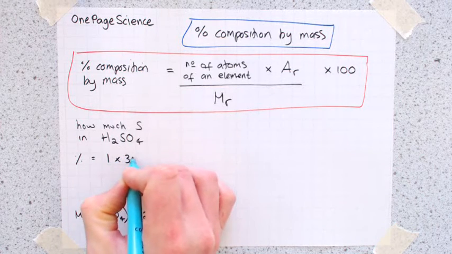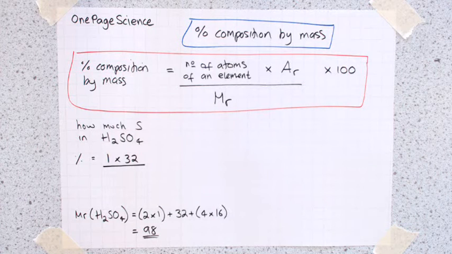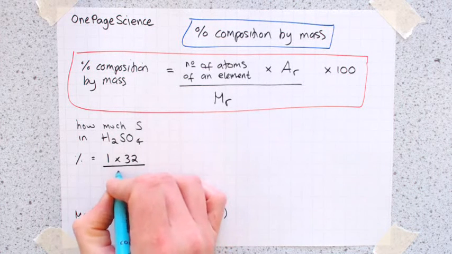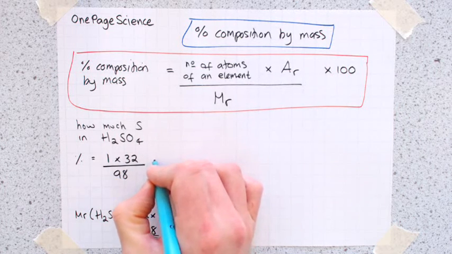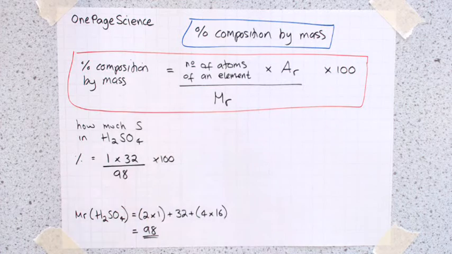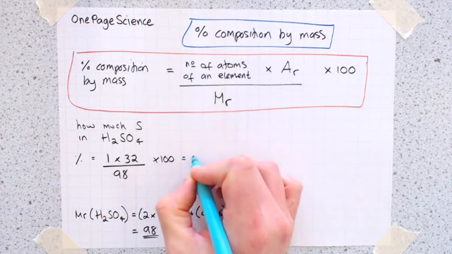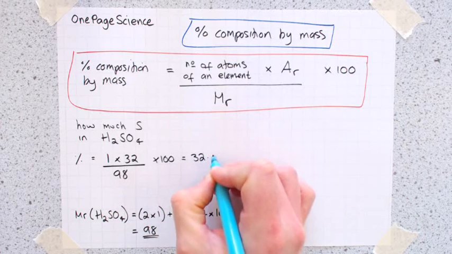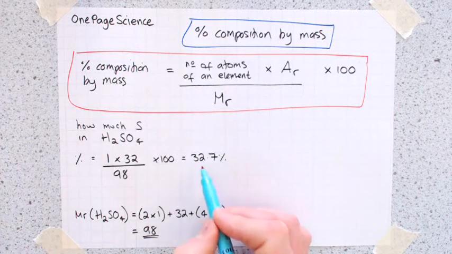So 1 times 32, divided by the relative molecular mass for the whole compound, which is 98. And then times it by 100 to get into a percentage. You stick that in your calculator, and that comes out as 32.7%. And that's your answer.